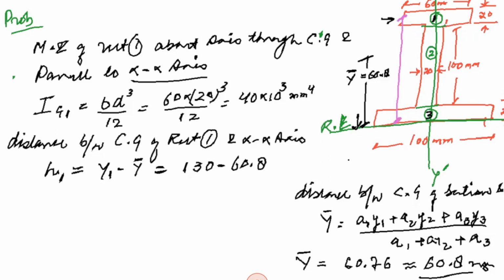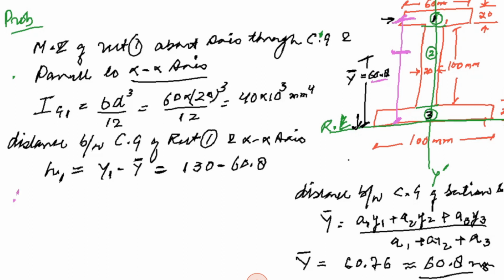The line in pink is your y1, and deducting the distance y bar gives us this distance, from the center of gravity of the section to the center of this rectangular section, which gives us the actual lever arm, the actual height between the center of gravity and the x-axis.